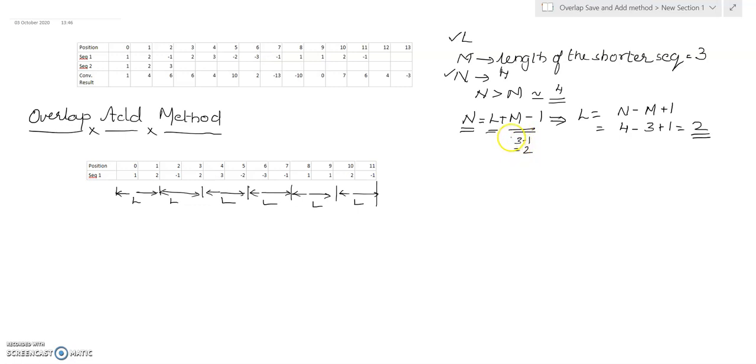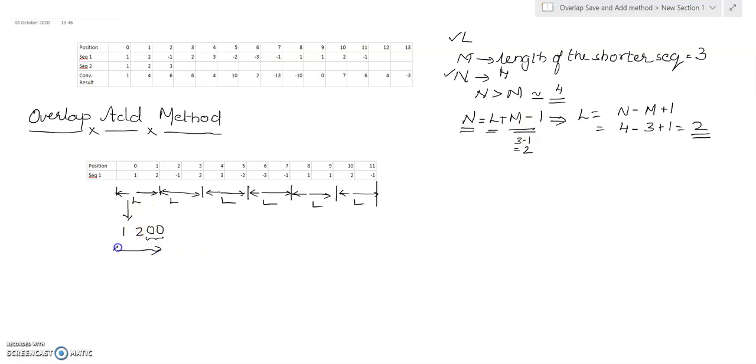So your sequence of length N is a sequence of length 4, out of which two components are of length L. I create a sequence of length N out of the first component, whereby I get 1, 2, 0, 0, where this 0, 0 is equivalent to the M minus 1 components to make it of length N.